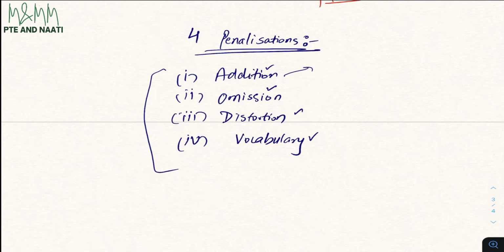Now, as the name says, addition means that they spoke something, and while you were translating your answers, you added some information from your side which was not given in the audio. For example, they spoke out a sentence saying, "Hi, my name is Manmohit. Welcome to my office." And when you were translating, you said, "Sat Sri Akal, my name is Manmohit, welcome to my office, how are you today?"